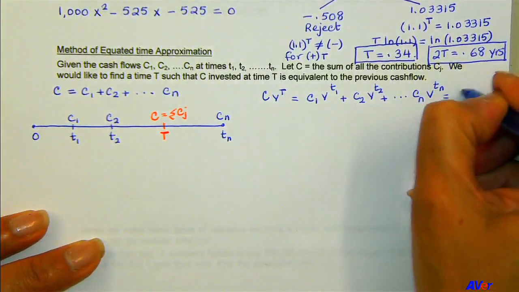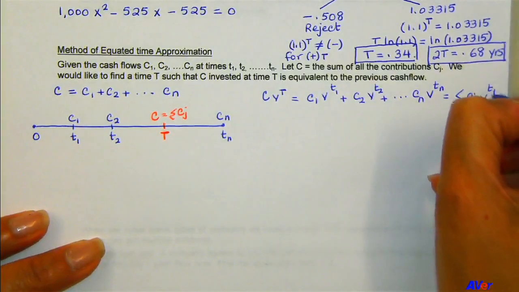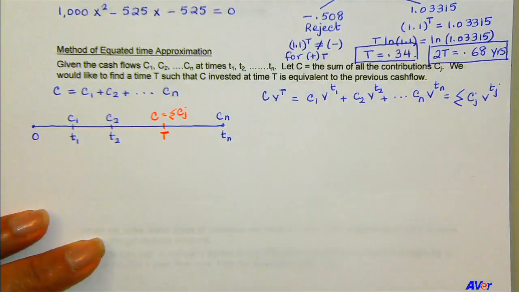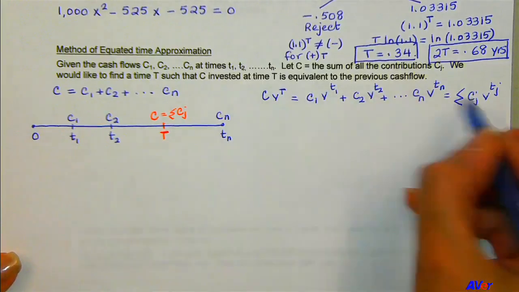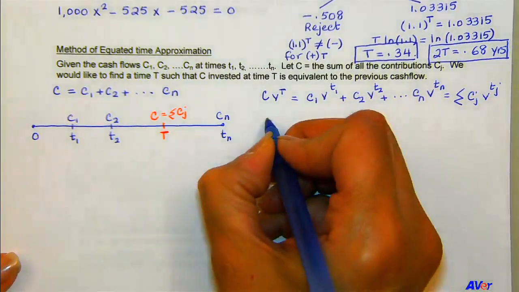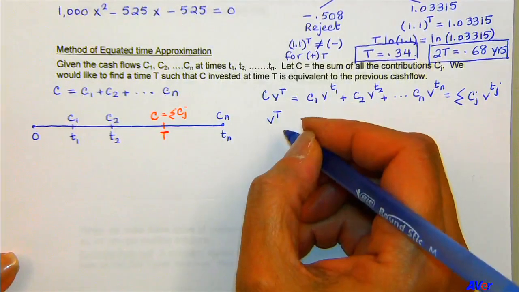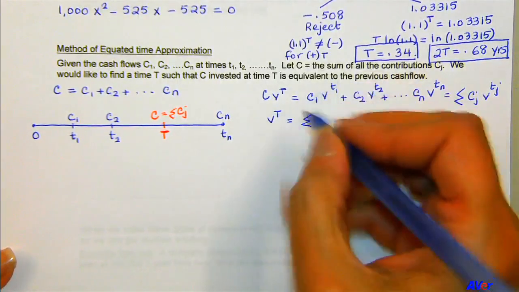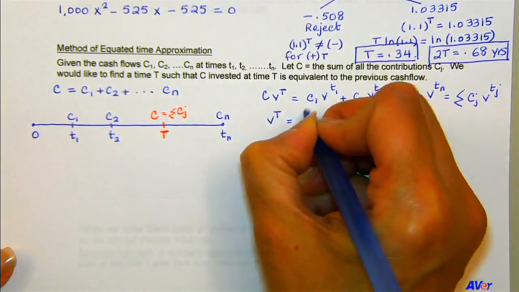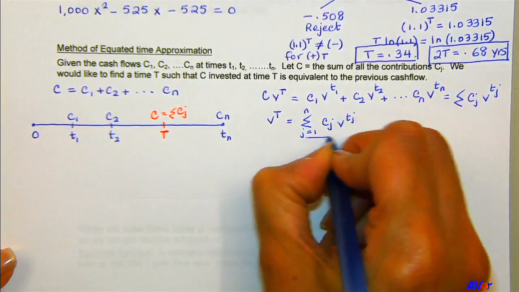Why don't I just write that as summation Cj V to the Tj, summation on j, j equals 1 to n? So when I take this and this, I can solve for V to the T. After all, I'm after T, right? That's my goal, to find T. So V to the T equals summation j equals 1 to n of Cj V to the Tj divided by C.